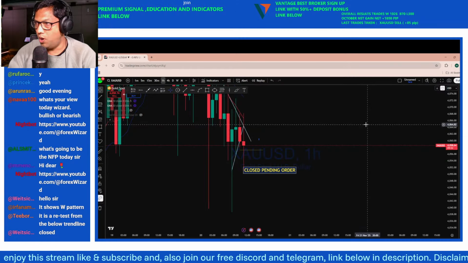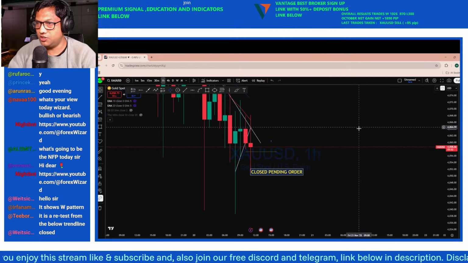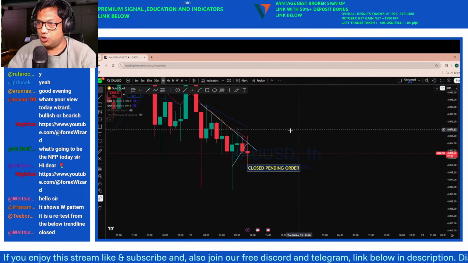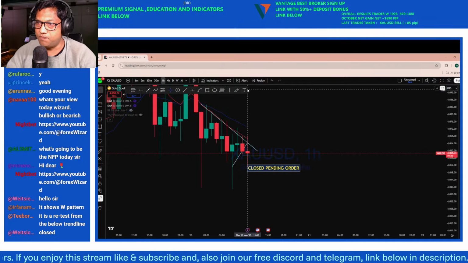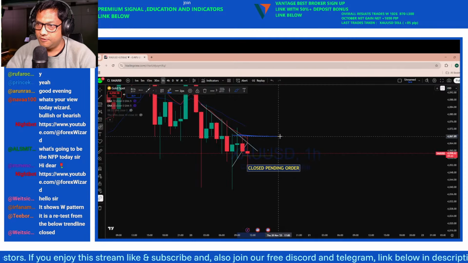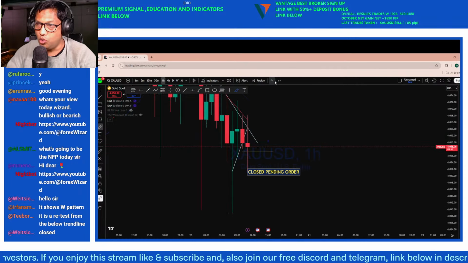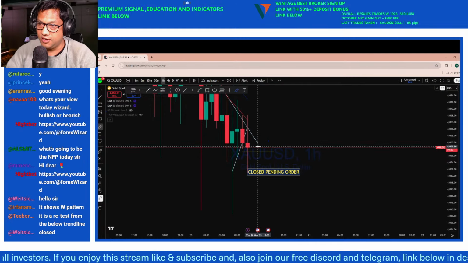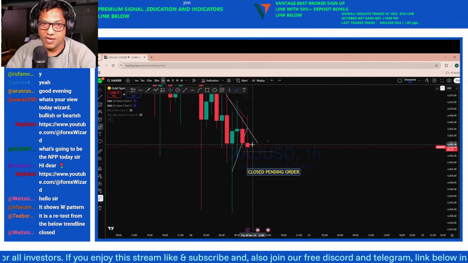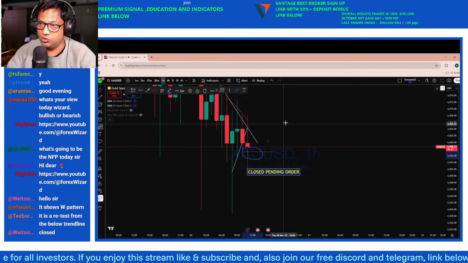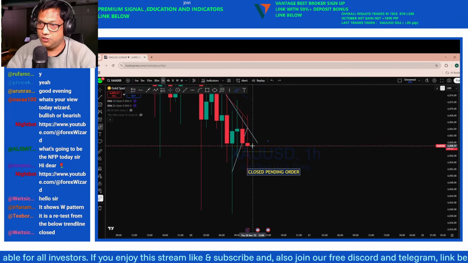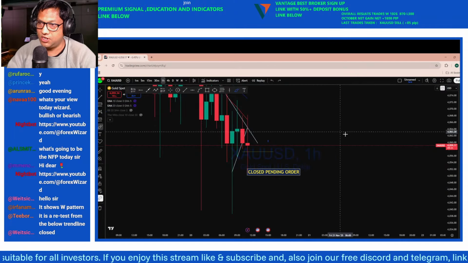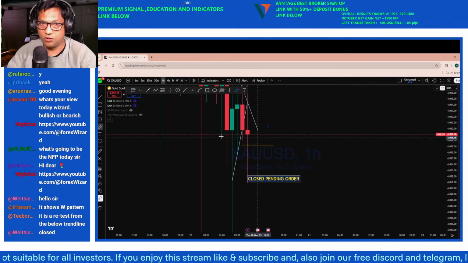Looking at the 1 hour market structure, that's a 1 hour doji that has tested the previous session's high. Now with this 1 hour close, we will be able to enter again once we see the market has really, if this one closes as a red doji, we can expect downside, depending on how the candle closes, of course.